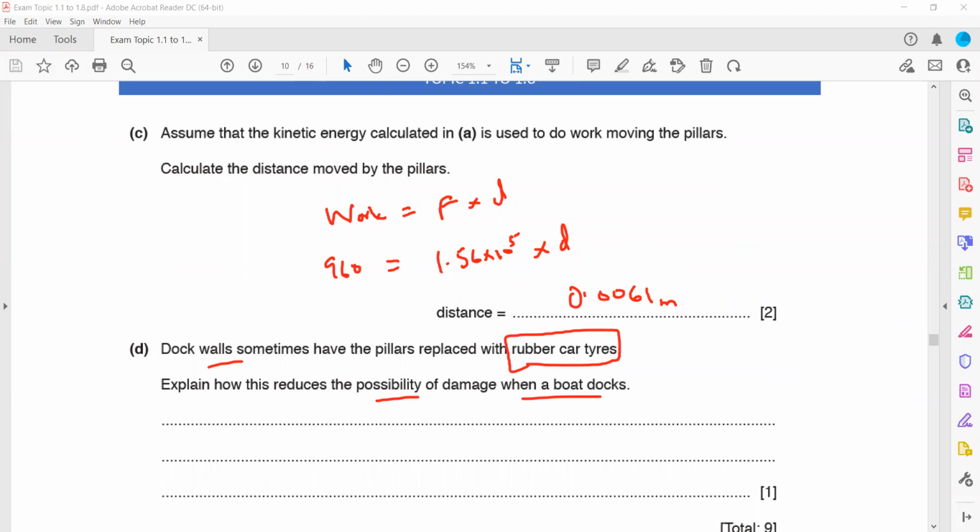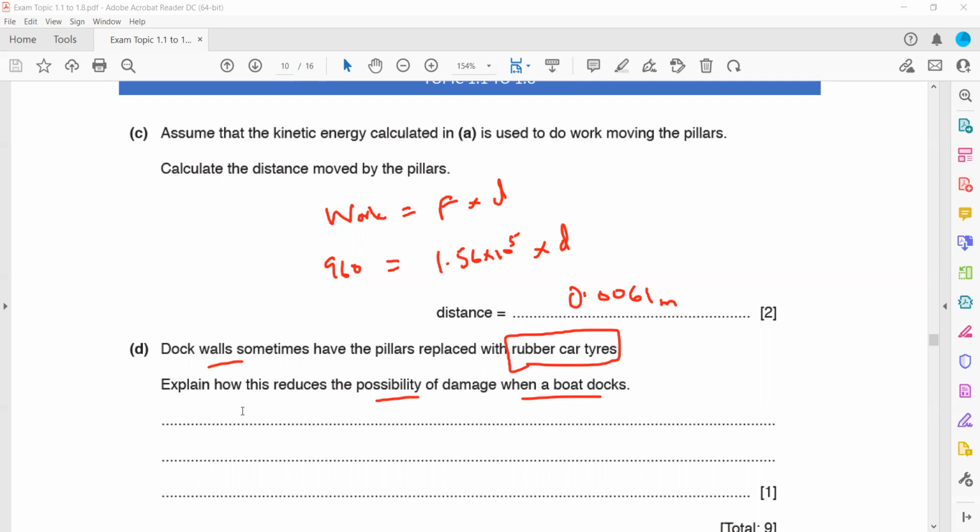Like if you're running towards a wall and suddenly hit it, it will have a greater impact on you. But if you have foam between you and the wall, you will take a relatively longer time to stop, which reduces the force on you.